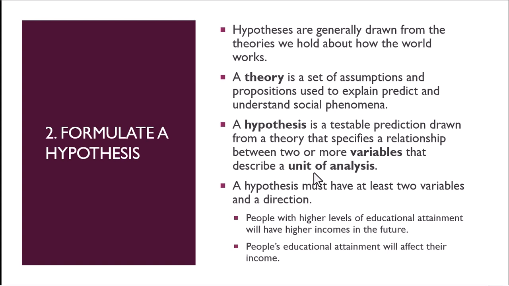As our level of education goes up, our income is going to go up. The second example here is not a good hypothesis because although it has two variables, again educational attainment and income, it does not specify a direction. It just says that educational attainment is going to affect income, but doesn't specify that direction. So it cannot be a good hypothesis.